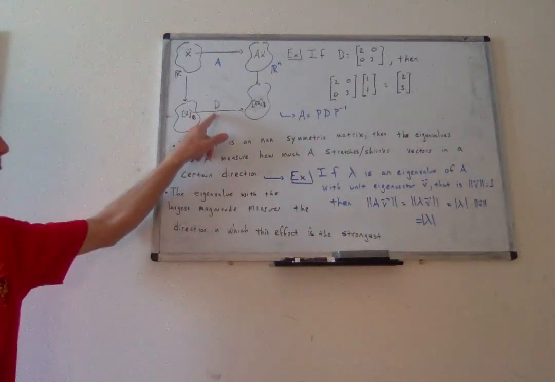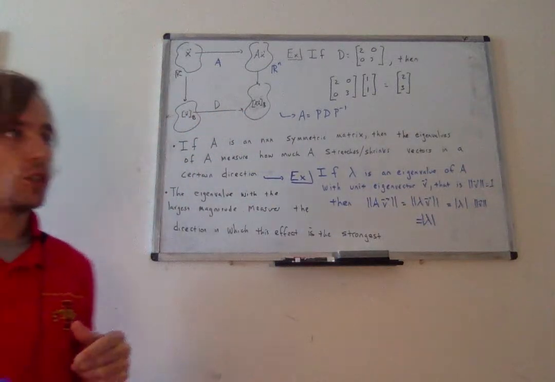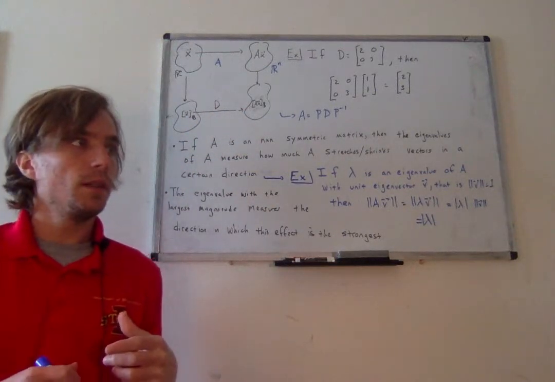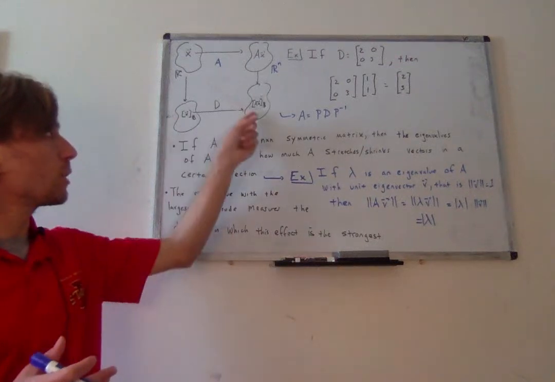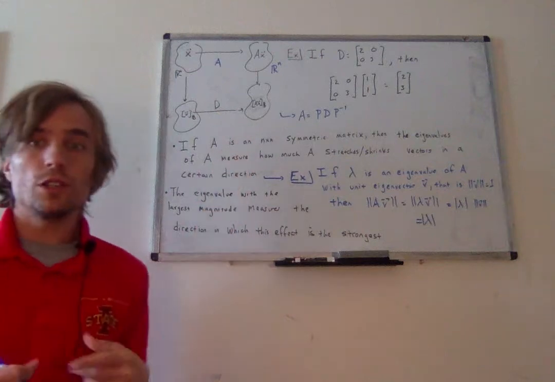And then, remember, the diagonal matrix D similar to A is the matrix for the linear transformation that is the same as this one above, just represented under a different basis.